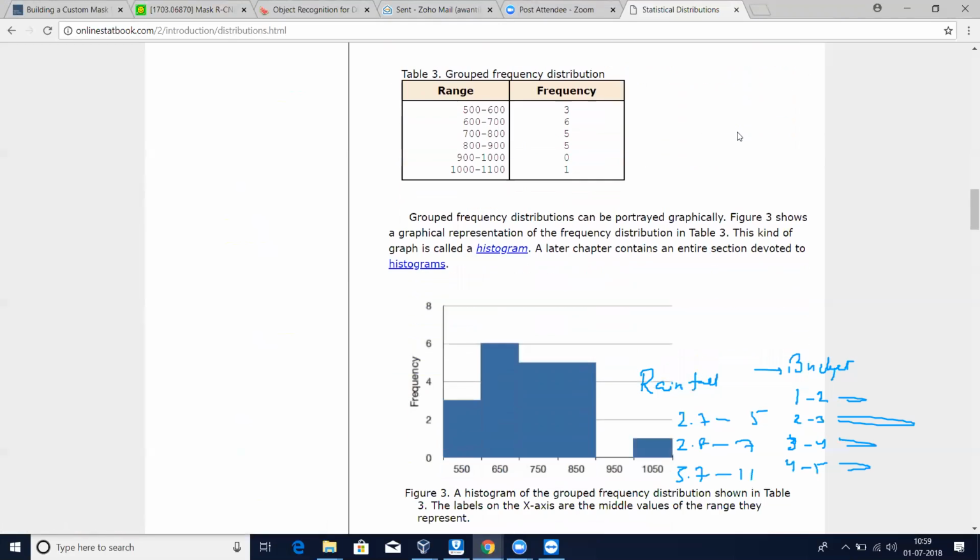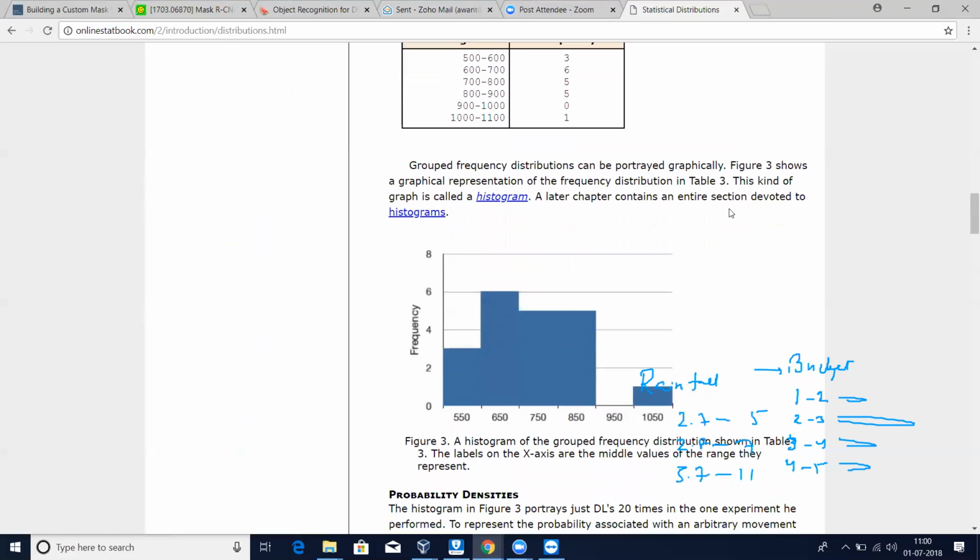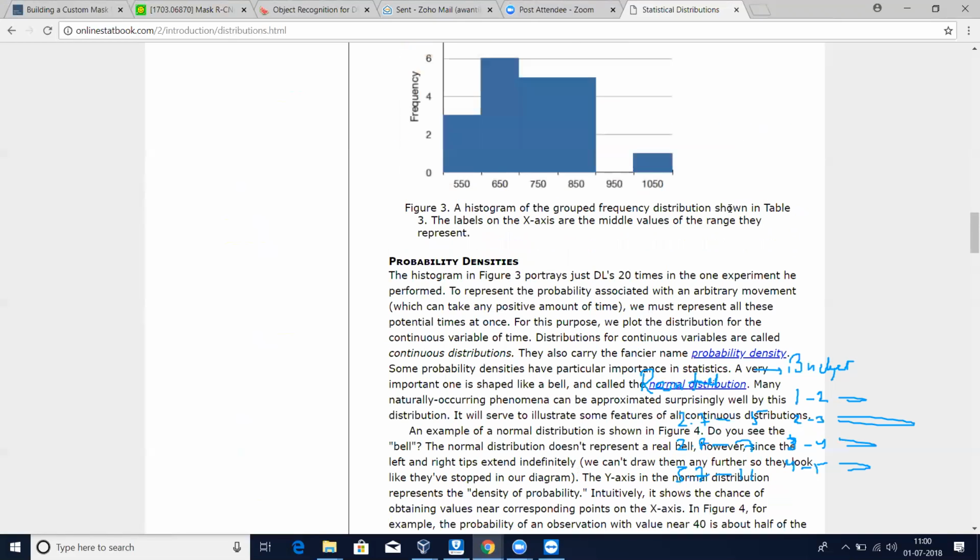This is what you will plot. There is a function directly to plot histograms, actually. So how will you be grouping this data?